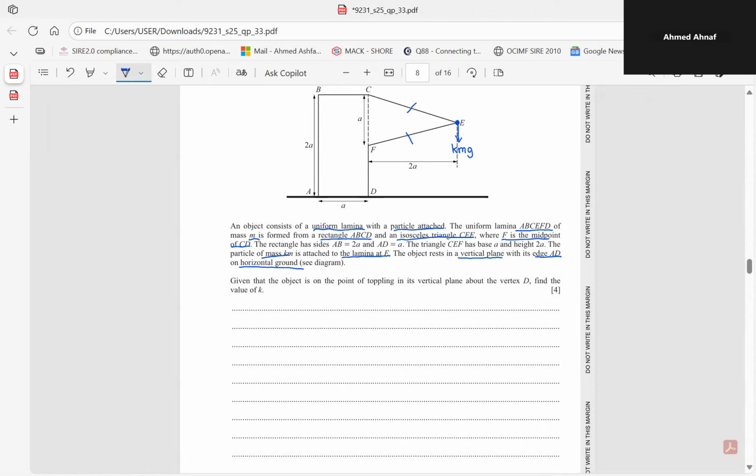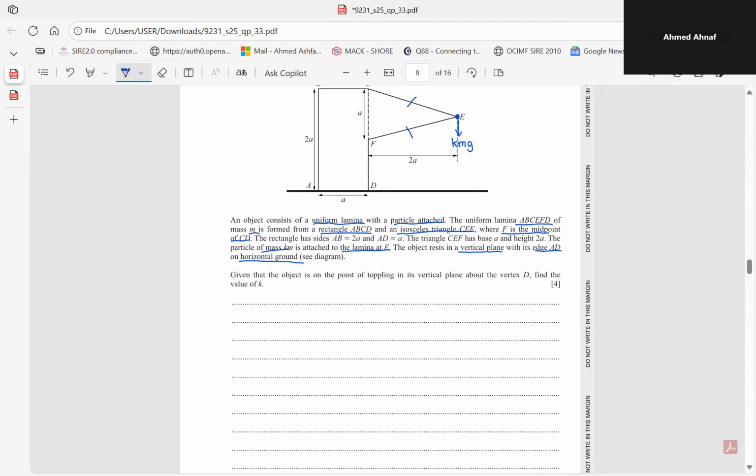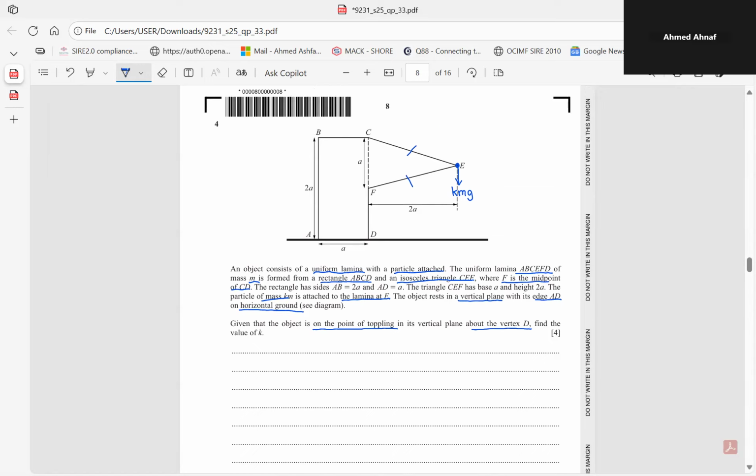Now we're told that the object is on the point of toppling in its vertical plane about the vertex D. So this object is going to topple like this.